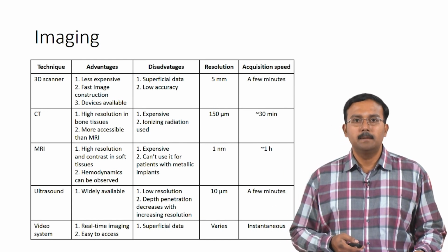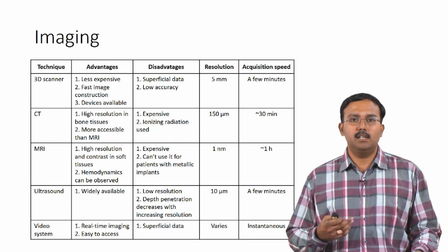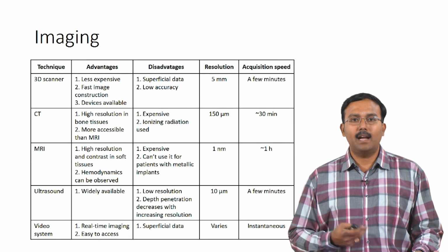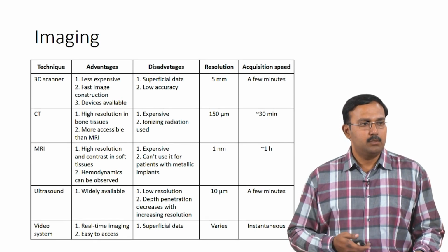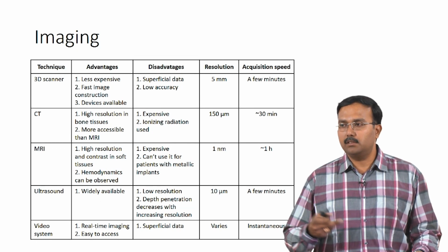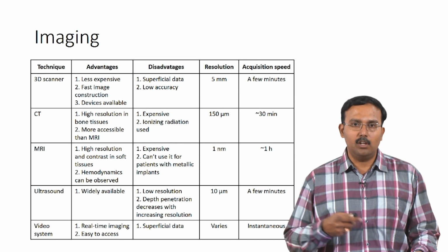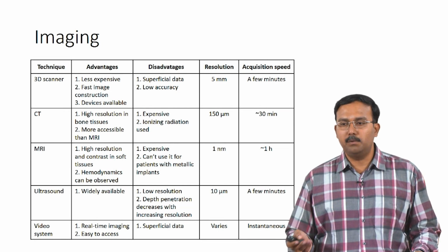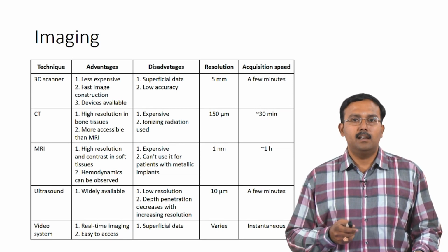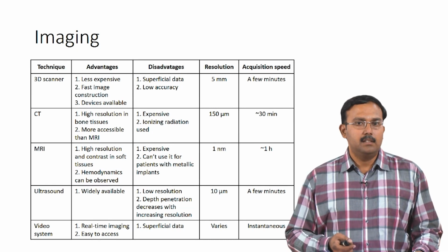So a CT scanner has a high resolution in bone tissues, and it is more accessible than MRI, so it is commonly used for scanning. MRI is quite expensive and not very easily accessible. But the problem is that CT is also expensive. It's not very cheap to perform a CT scan, and ionizing radiation is used while performing it.